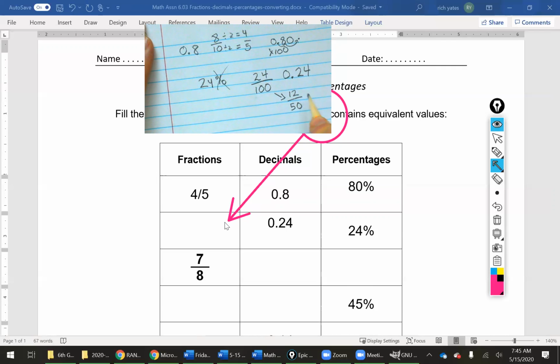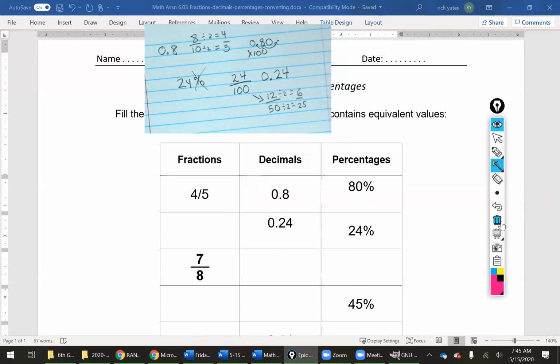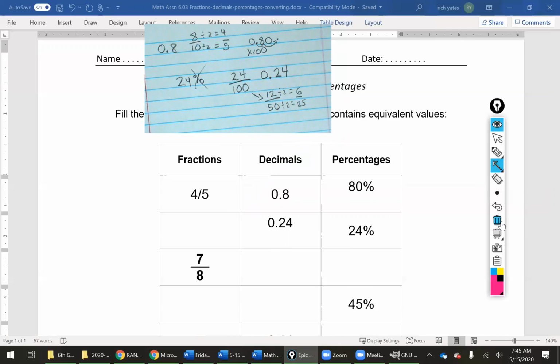And they're still even numbers, so I can divide again by 2 and get 6 over 25. At this point, I don't think I can simplify it anymore. I can't divide 25 and 6 by the same number.